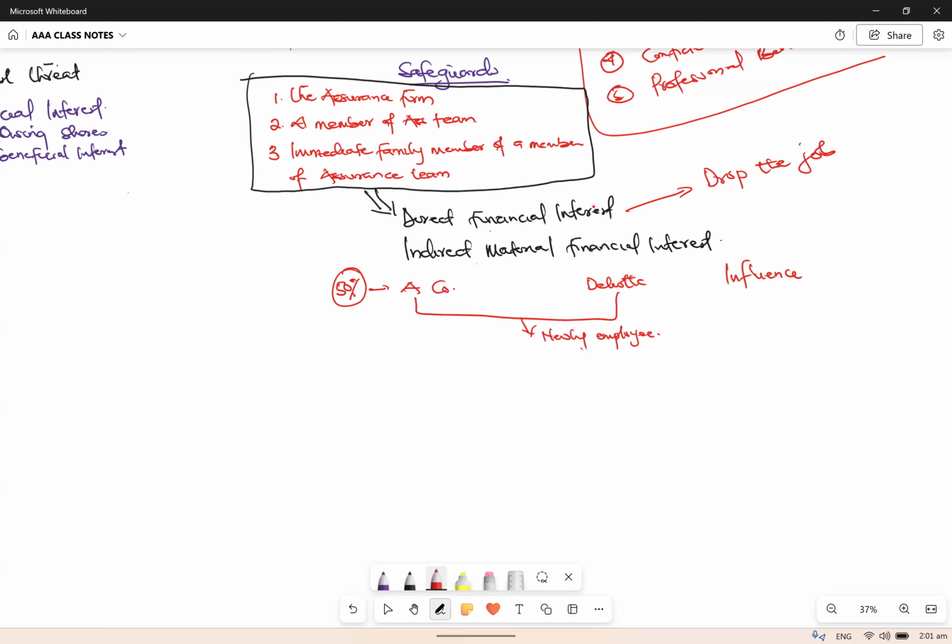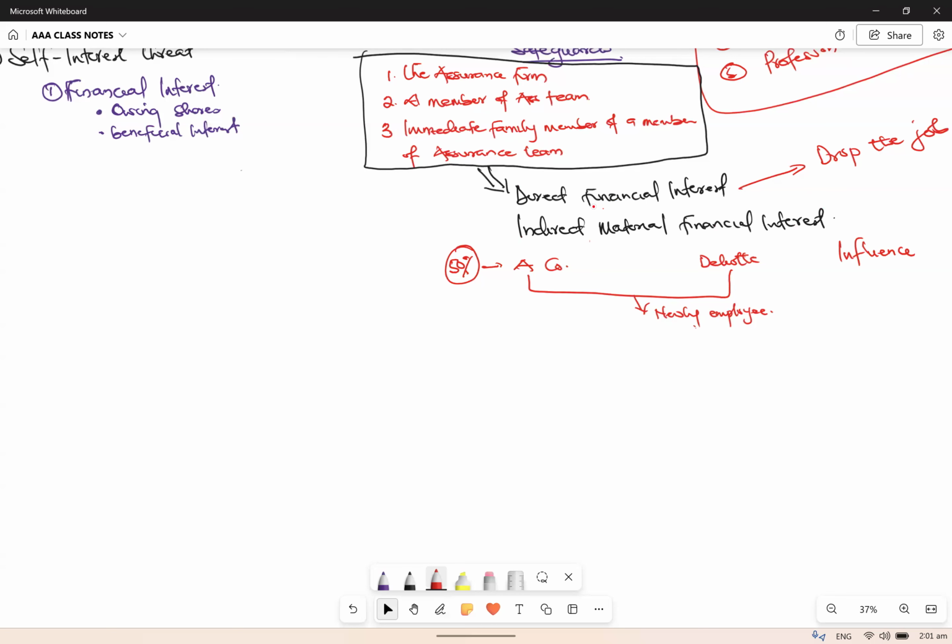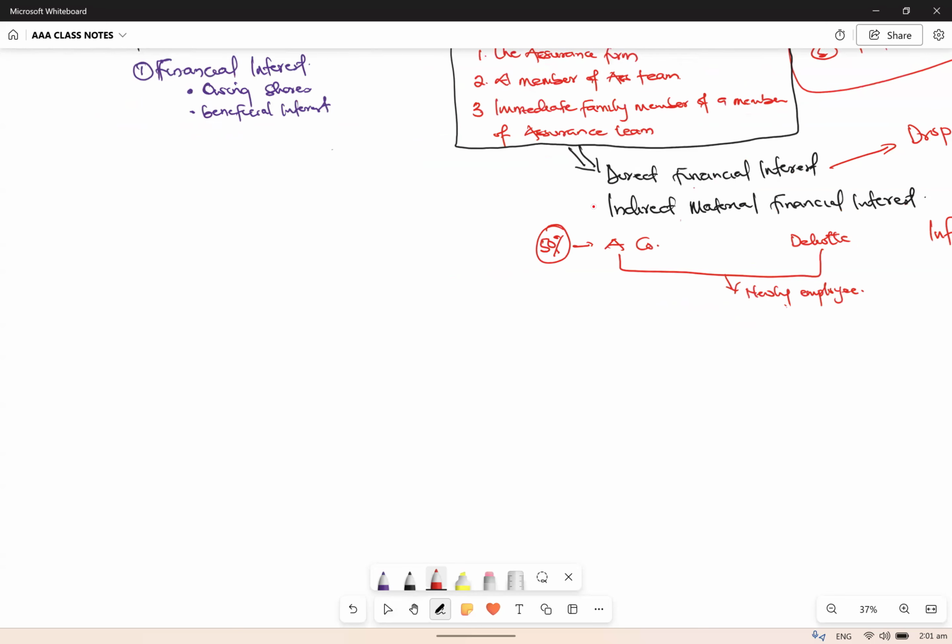So where you see that the influence is significant, then you have to apply certain safeguards. So influence matters. If there is some form of influence, then what you can do as a safeguard in this kind of situation is to ask the person to dispose of the interest.